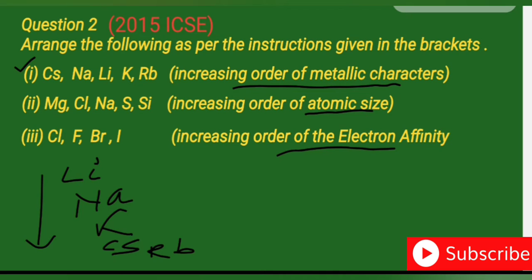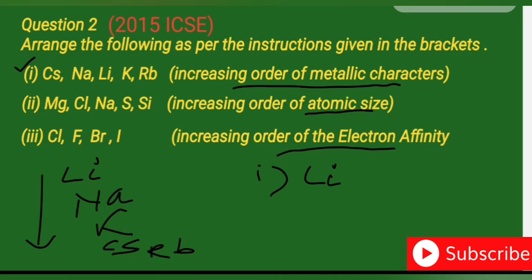So increasing means what? We write the lowest one first. When we move from top to bottom of a group, the metallic character increases. Hence, what is the increasing order, children? The increasing order is lithium. You may put a symbol or you may write a comma, because it is already mentioned in the question that it is increasing order.